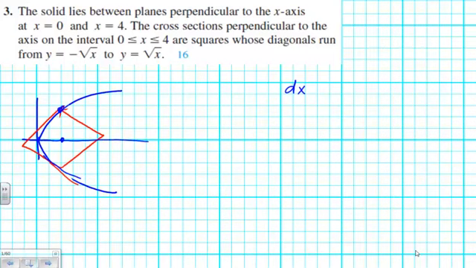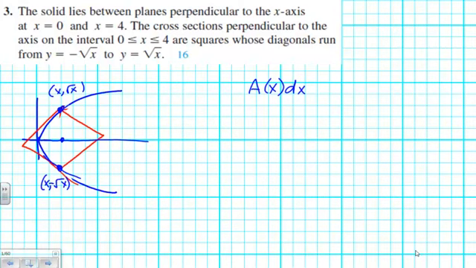Well, I have this location here, which would be x comma root x. I have this coordinate here, which is x comma negative root x. All right? And I'm looking for a formula for the area of a square found at an arbitrary location x.